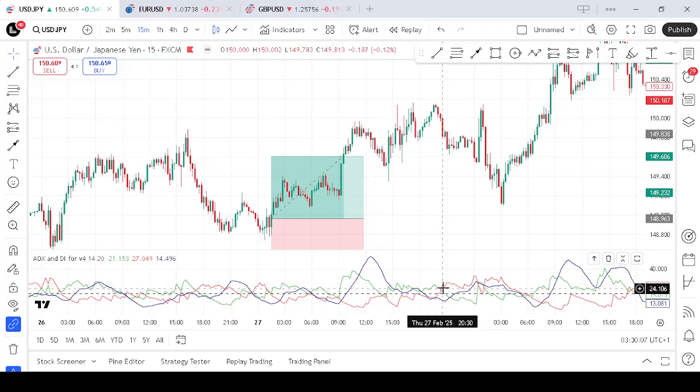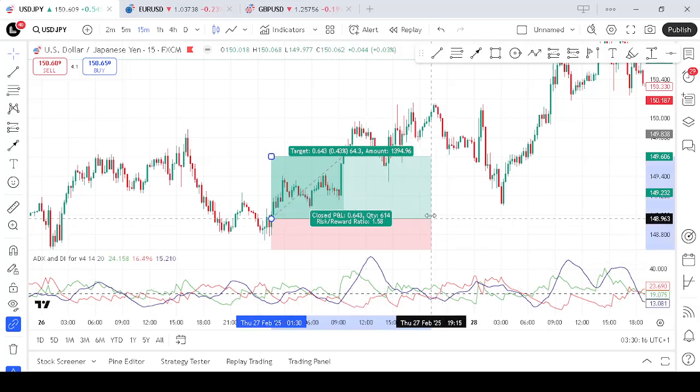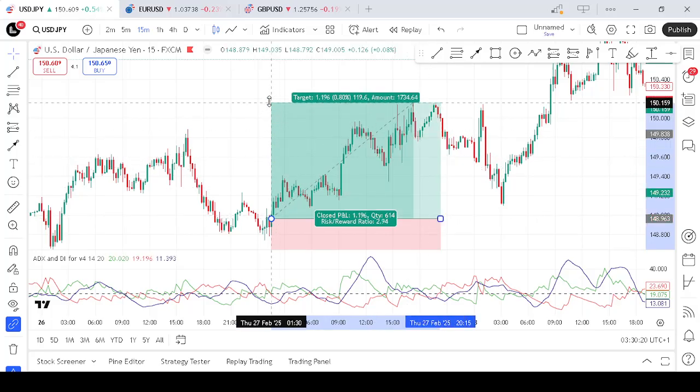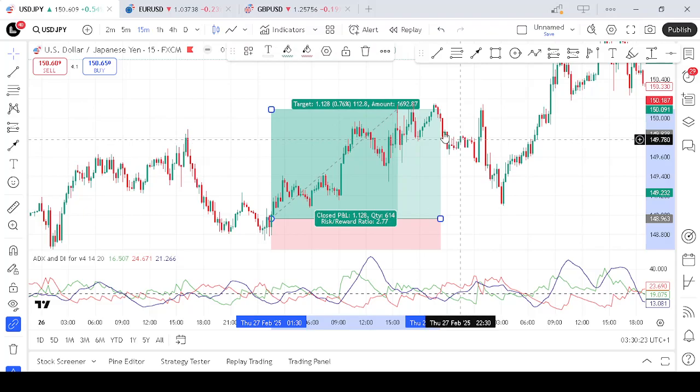So when the red line crosses above the green line, at this area is where we would want to exit our trade, because it shows that sellers are coming into the market and truly gained strength.